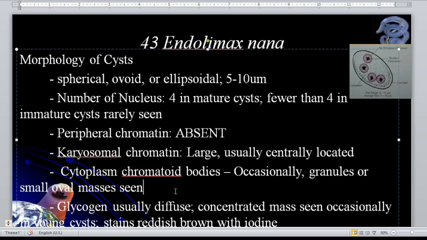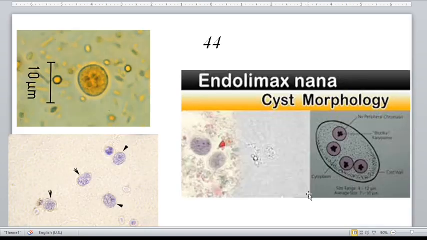Same, glycogen is usually diffuse and stains reddish brown with iodine. So we have here the Endolimax nana. As you can see, it has a large karyosome. But actually, guys, in the microscope, it's really difficult to see the different structures. Ang hirap niyang i-identify.